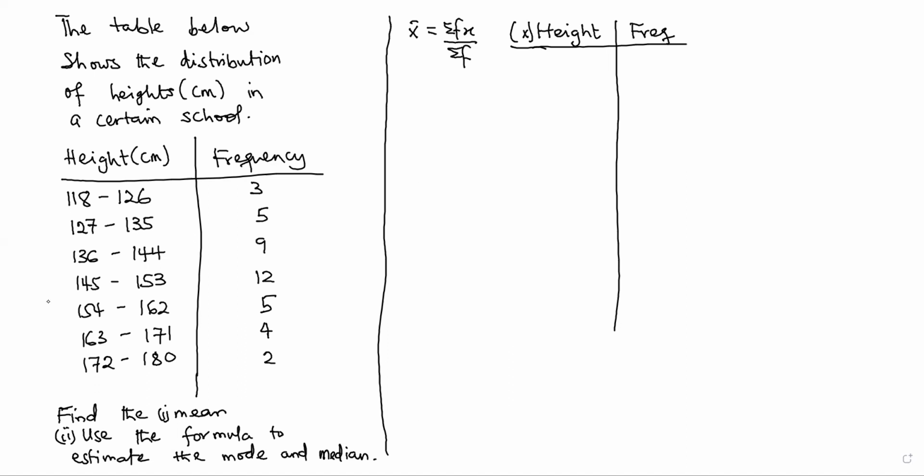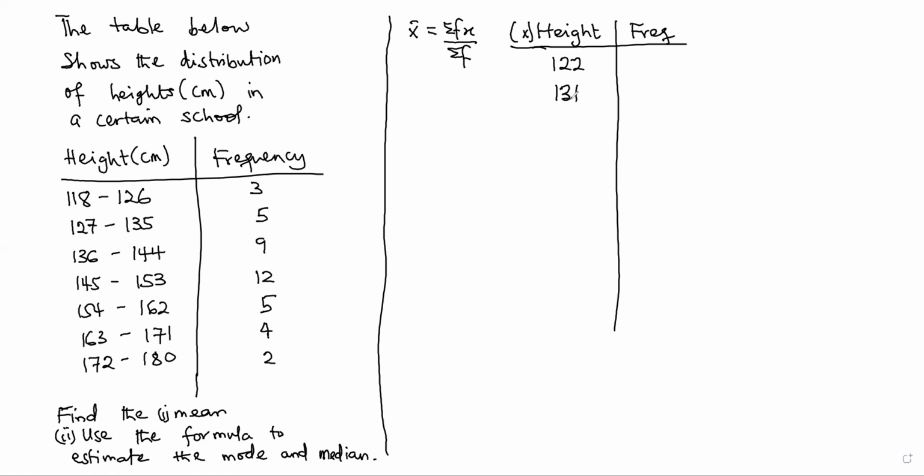So we have 118 plus 126 divided by 2, which gives 122 over here. 127 plus 135 divided by 2, we'll be having 131 here, in that order.